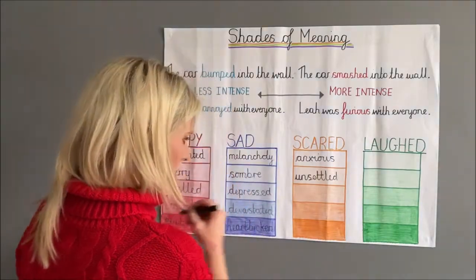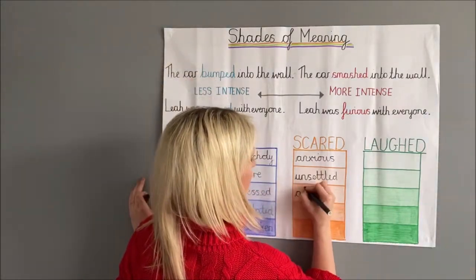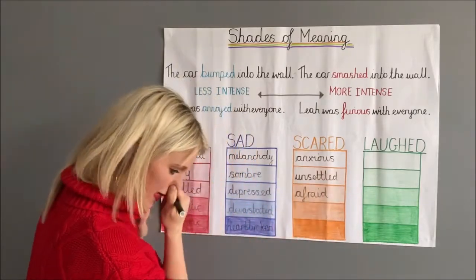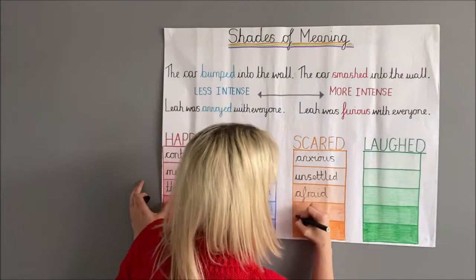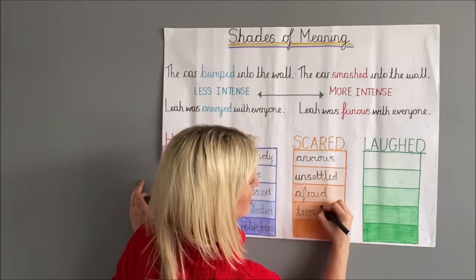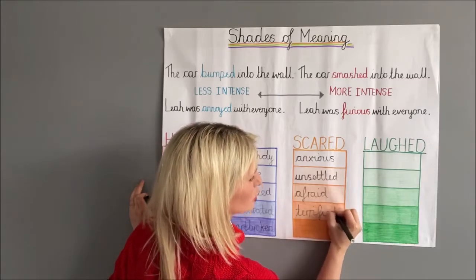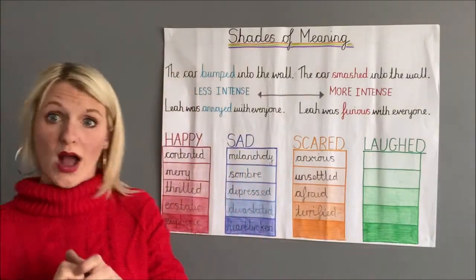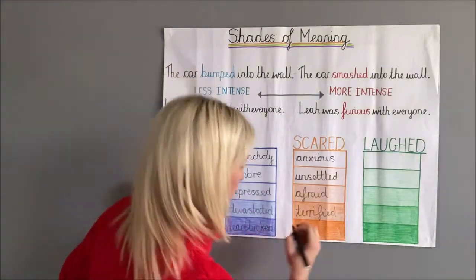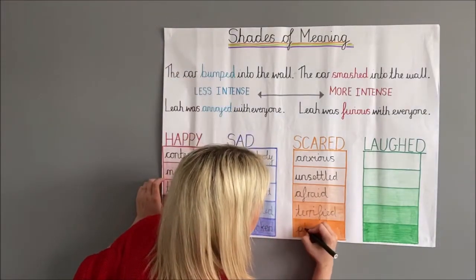Okay, then I went for the word afraid, which I thought was sort of middle scared. Then I went for the word terrified, because then I'm starting to get in my head a little bit more of a picture of someone who is shaking and trembling, maybe someone who's gone white as a sheet, perhaps. And then for my last word, I went for the word petrified.